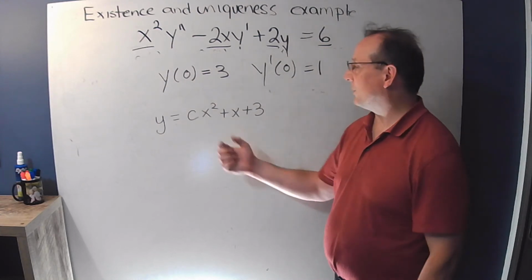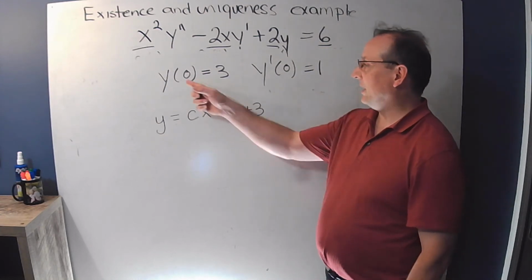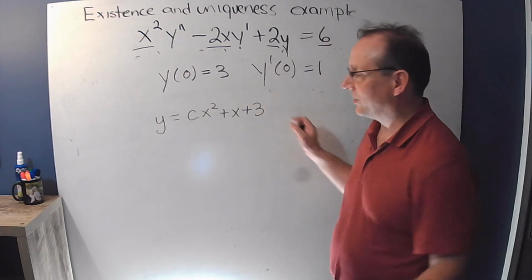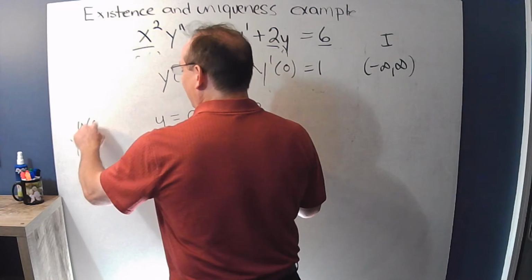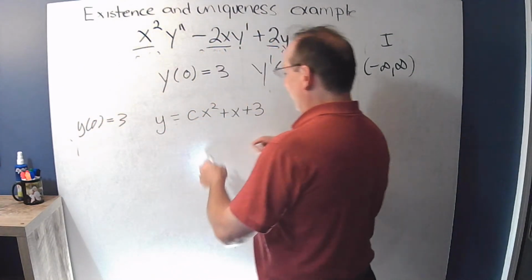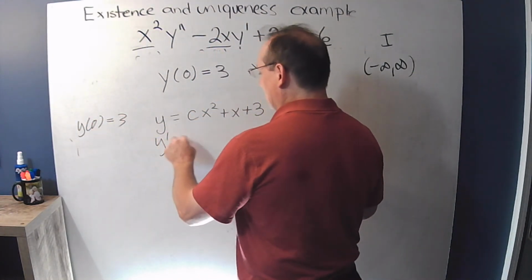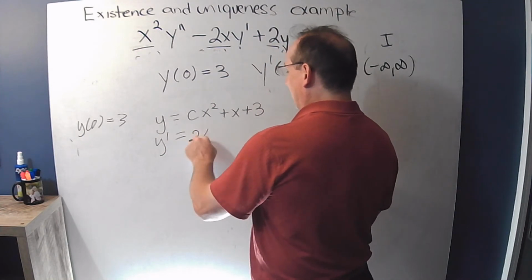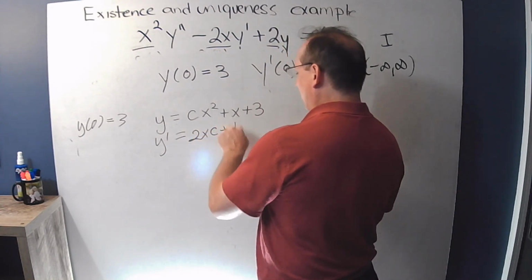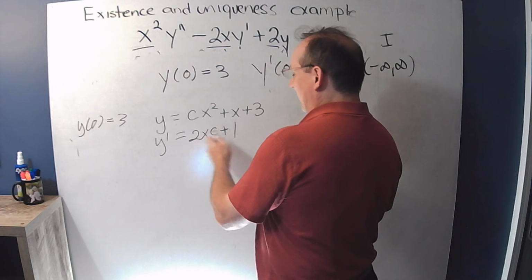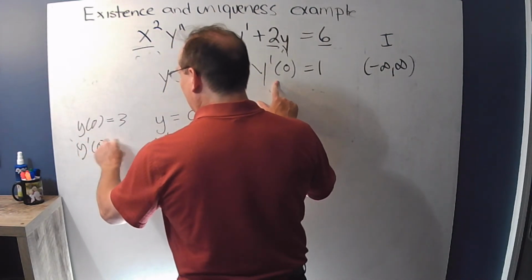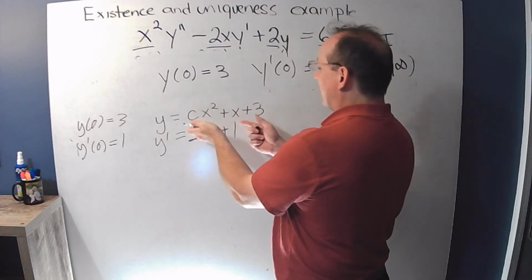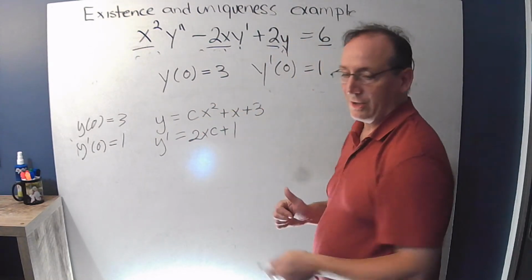First of all, let's check and make sure it meets the initial conditions. Well, obviously, if you plug in 0, we see that y of 0 is 3. y prime would be 2xc plus 1. And again, if you plug in 0, you get this condition here. So this does meet these 2 conditions.